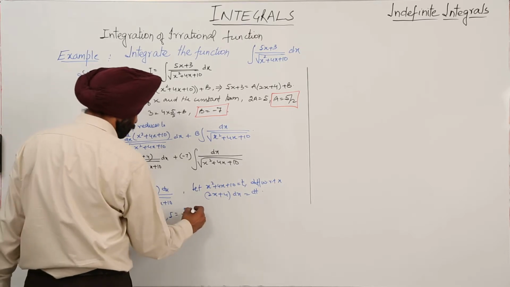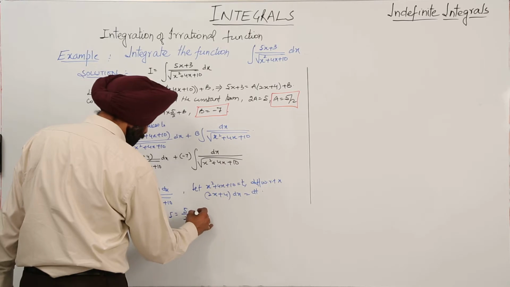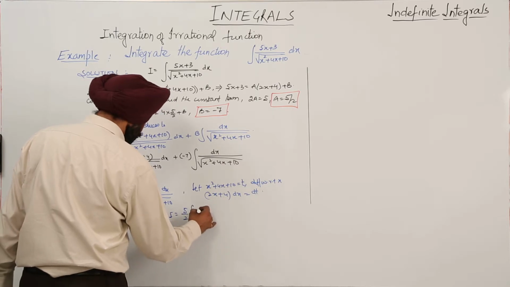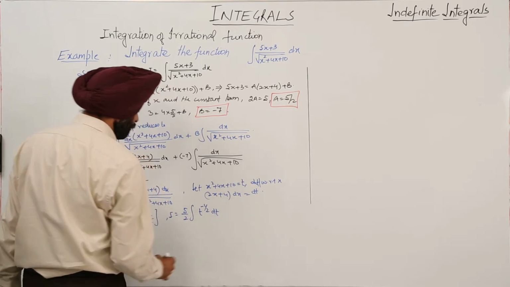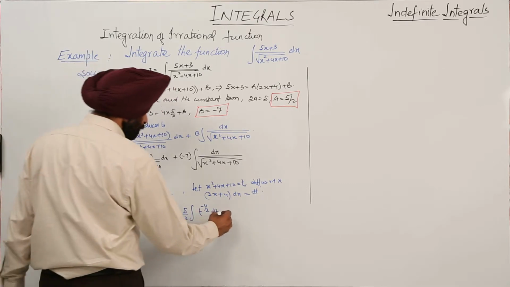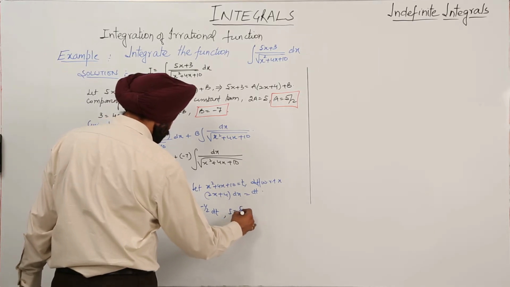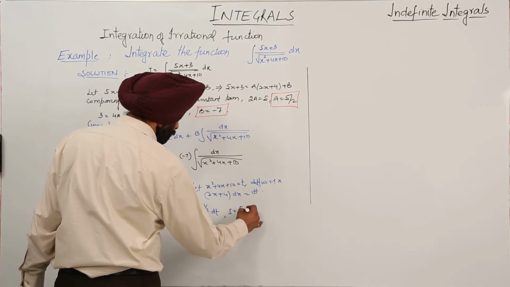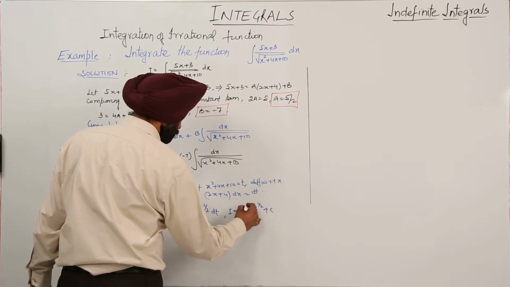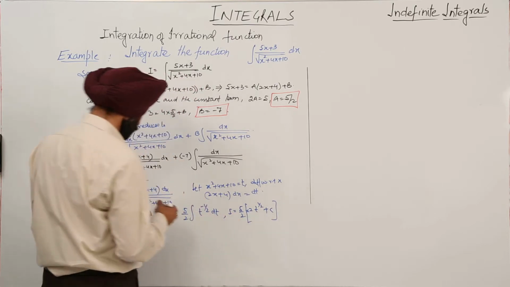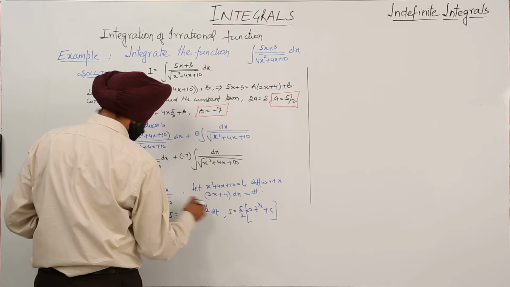We are having 5 by 2 integration of t raised to power minus 1 by 2 dt, and this becomes 5 by 2 into 2t raised to power half plus c. So finally we are having, this is I1.